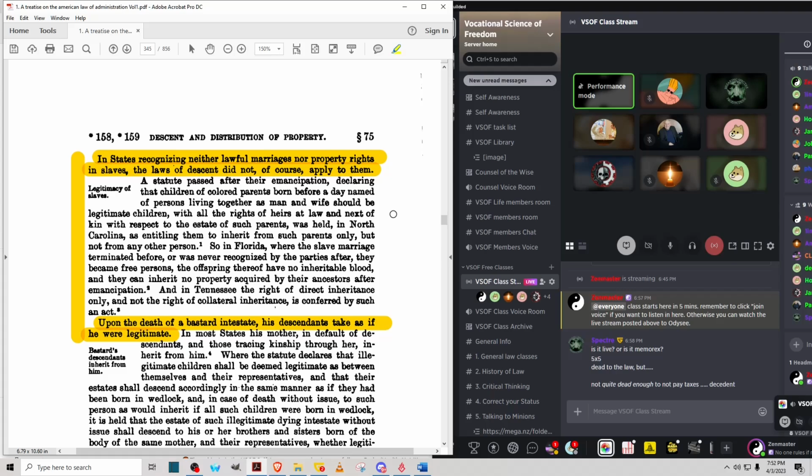So, but the point is that marriage contracts, marriage licenses started out by that aspect of people intermarrying. So if you are going to go and get a marriage contract with the state, you have to remember that contract is a three-party contract. You, your wife, or significant other, and the state. There are three parties. And there's a meme in the meme section of the VSOF Gilded server, under the law memes, that specifically takes a screenshot from a definition of marriage where it specifically states that it is a three-party contract.